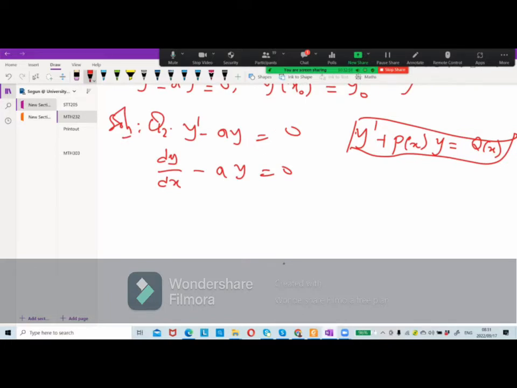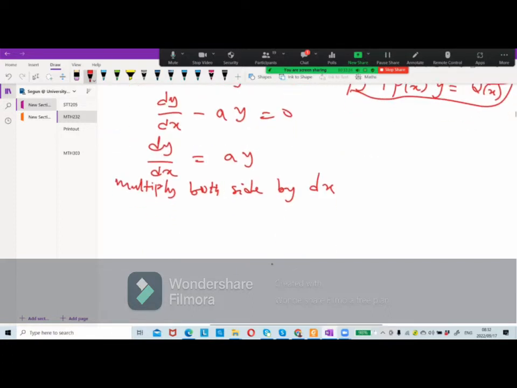But let's take it one step at a time. I can rewrite this particular problem by saying dy/dx is equal to ay. So for me to make the y be with the y and the x be on the other side, all I need to do is multiply both sides by dx. If I multiply both sides by dx, what will I have?